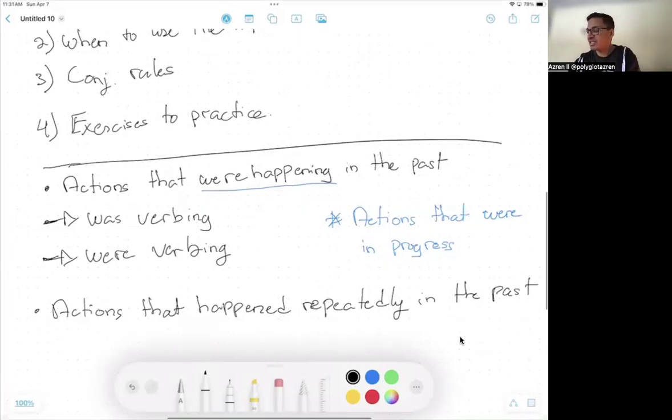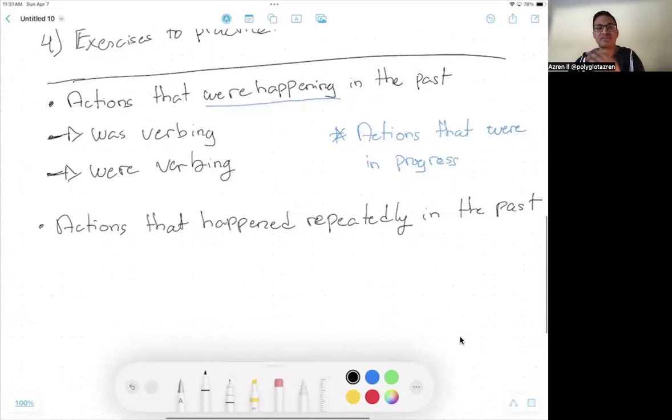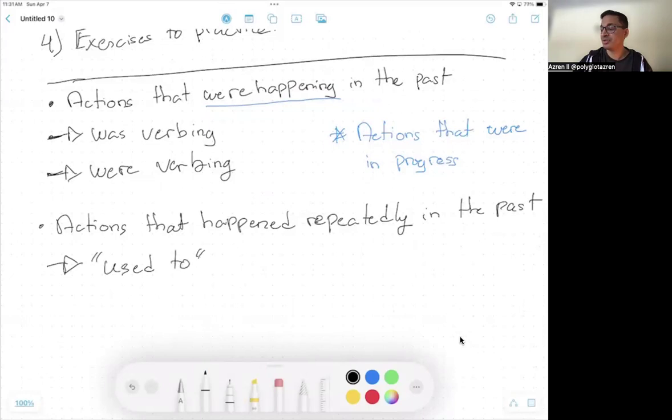So with these actions that happen repeatedly in the past, there's a few ways to view it. If you were to look at it through the lens of English, they're usually going to translate to used to. Things you used to do, but you don't do anymore. Another way to view it is things that you would do in the past, but you don't do anymore.